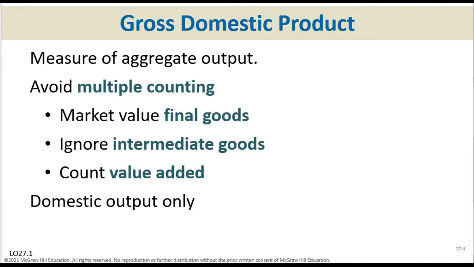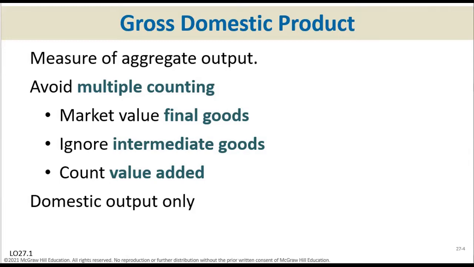What I mean by that is, if you visualize production at each stage, a good is transformed into another product, and that product is transformed at the next stage until you get to the final product. So if you count the final product, you don't need to count the intermediate goods.